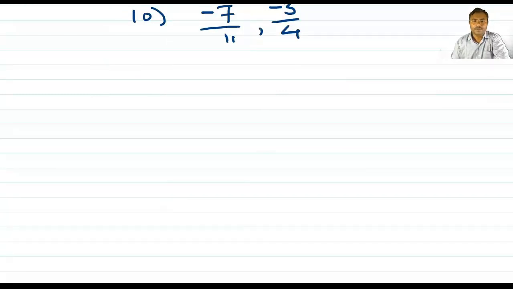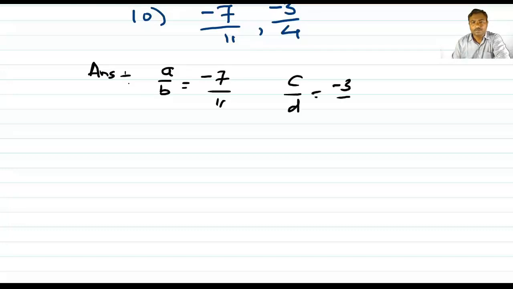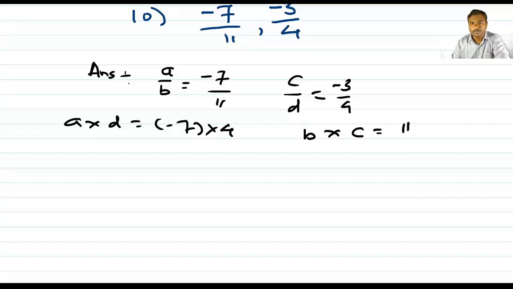Example number 10, negative 7 upon 11, negative 3 upon 4. A upon B is equal to negative 7 upon 11 and C upon D is equal to negative 3 upon 4. A multiplied by D is equal to negative 7 multiplied by 4 and B multiplied by C is equal to 11 multiplied by negative 3.